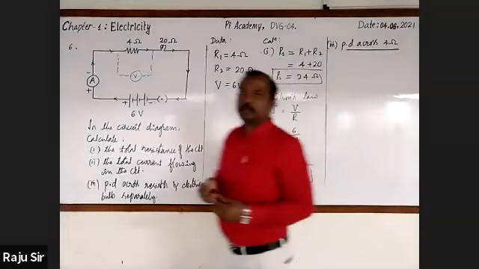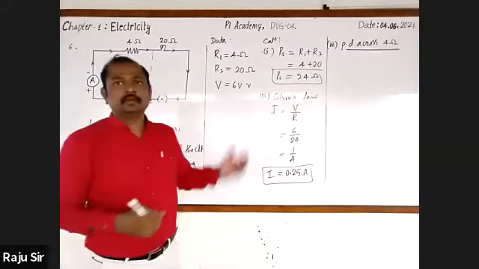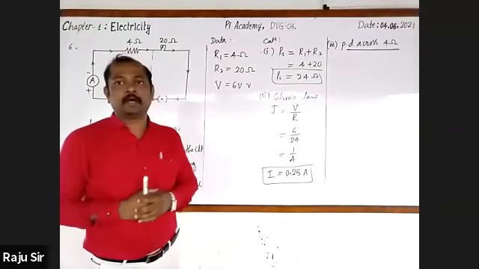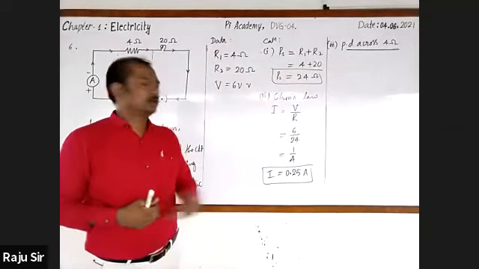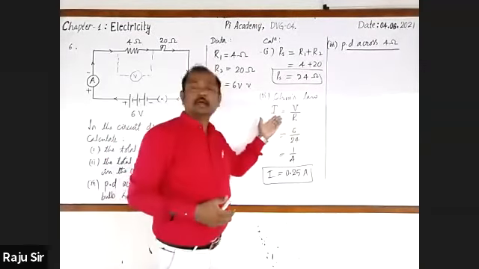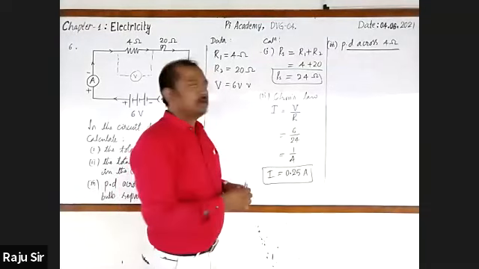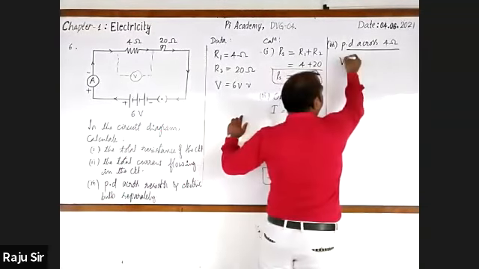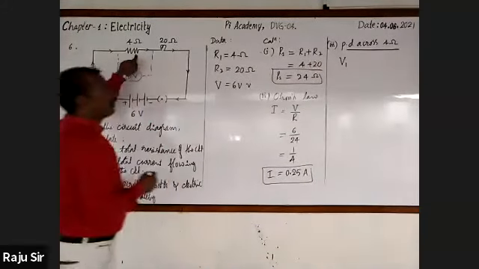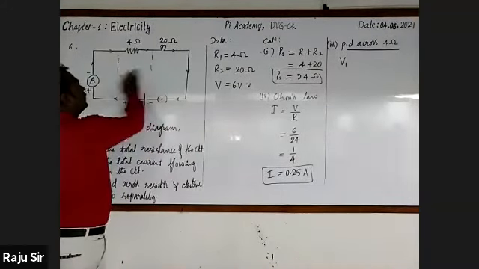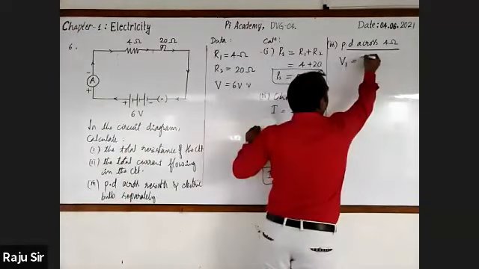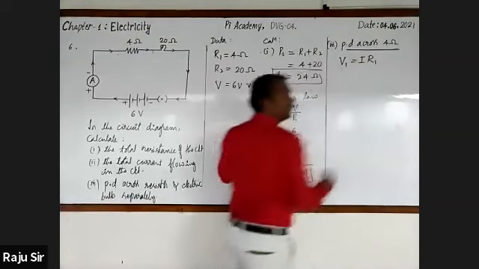Dear students, you all know that again, Ohm's law, I is equal to V by R. To find the voltage, V should be solved. What is V? V is equal to I into R. So I can write V1, that is the voltage across 4 ohms, V1 is equal to I into R1, right?